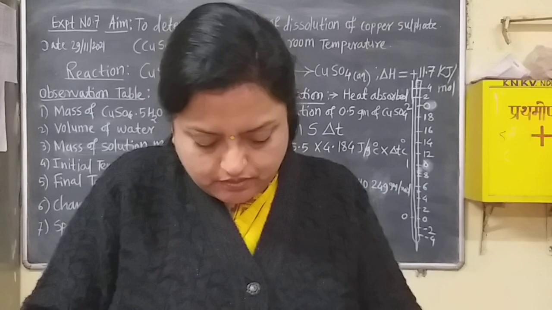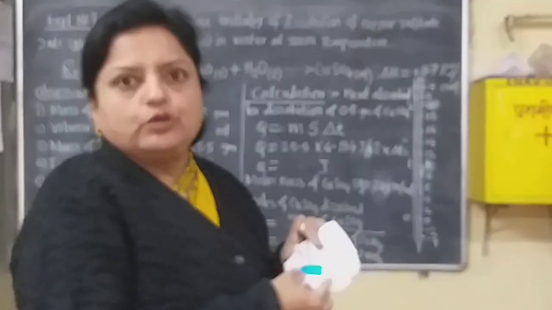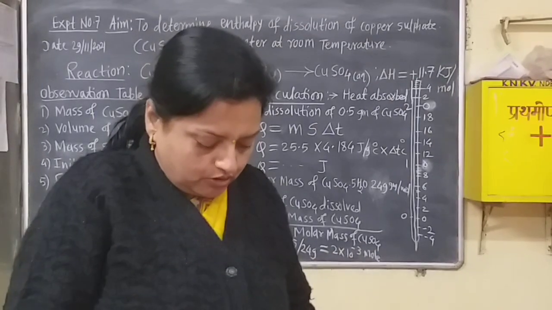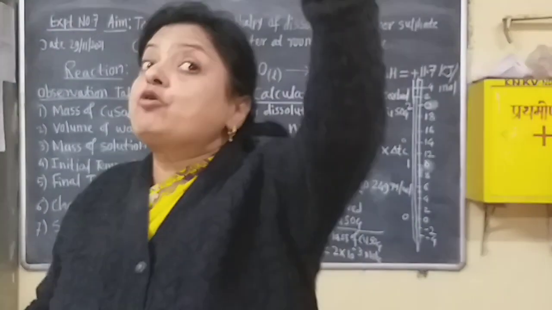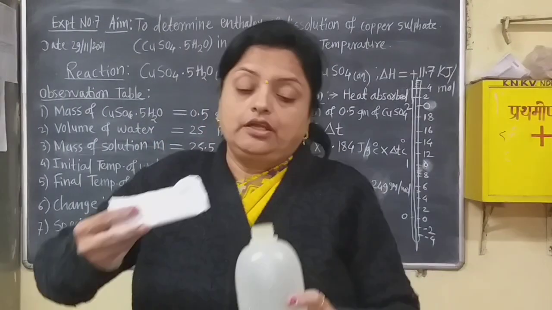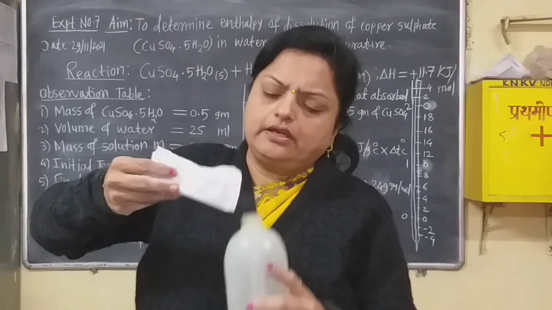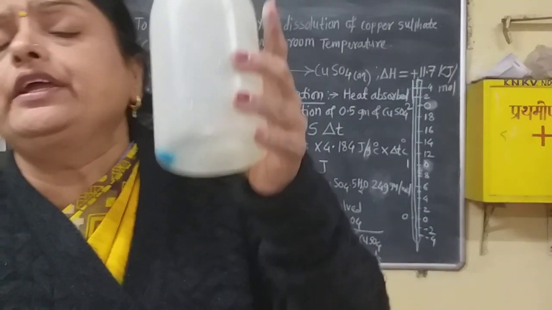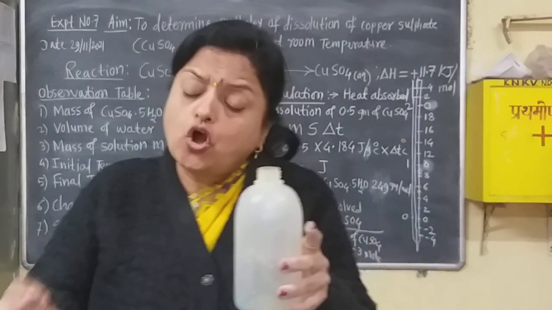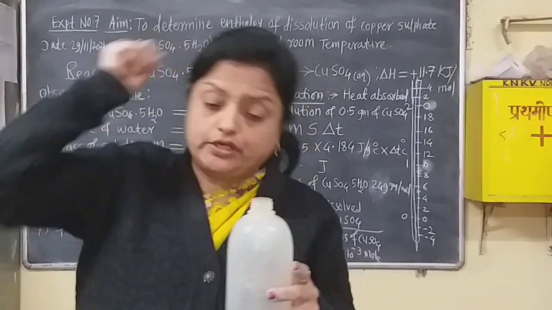See the blue color copper sulfate. Now pour this 0.5 gram copper sulfate into the polythene bottle. It is very important to pour all the crystals of copper sulfate into this polythene bottle.